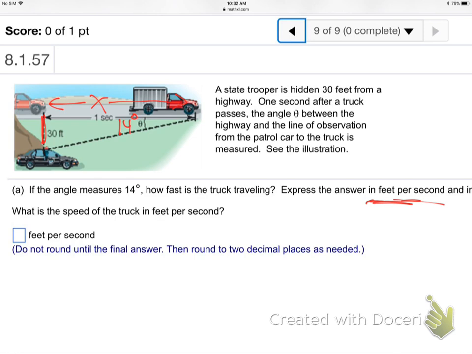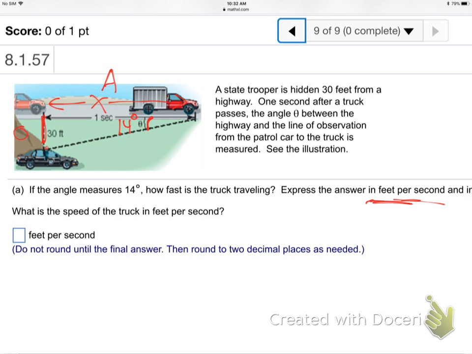So give that a try. Can you find x there? So from the 14 degrees, from this angle theta's perspective, this is the opposite.